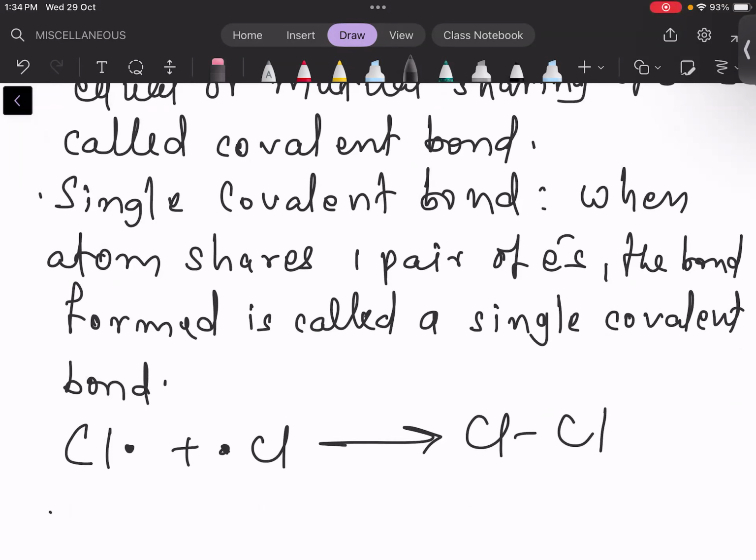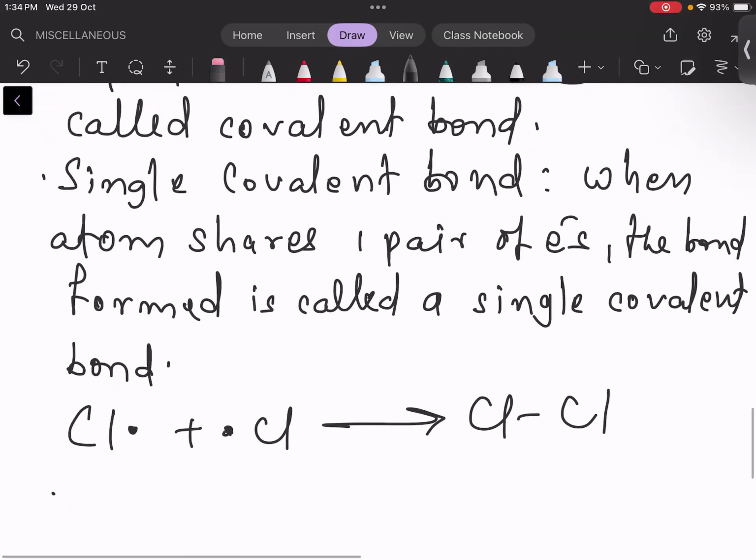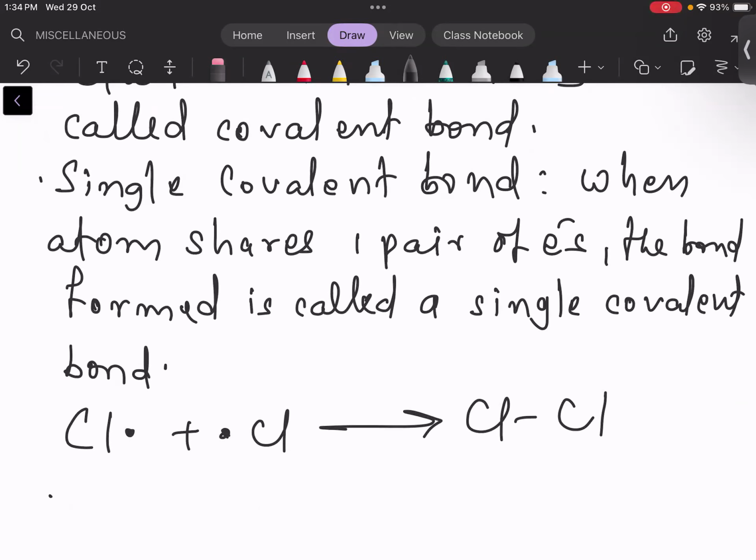The next, a double covalent bond, or double bond.